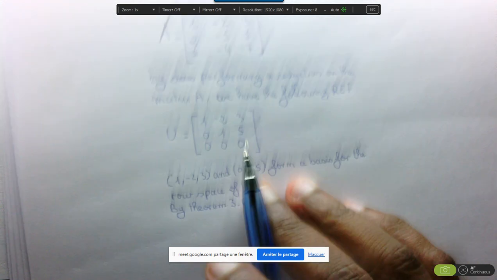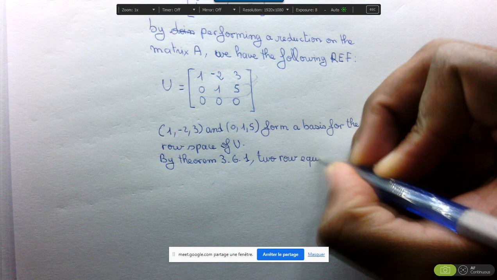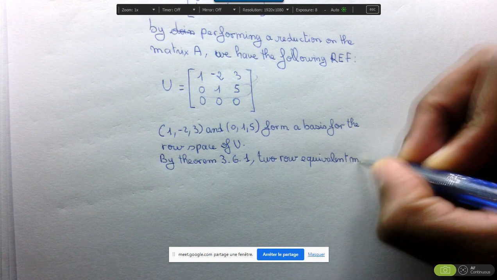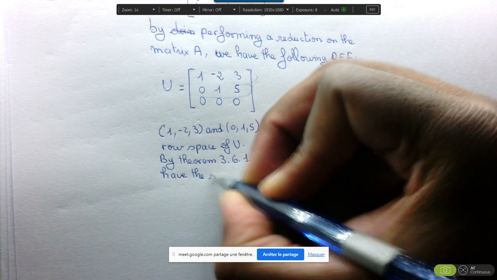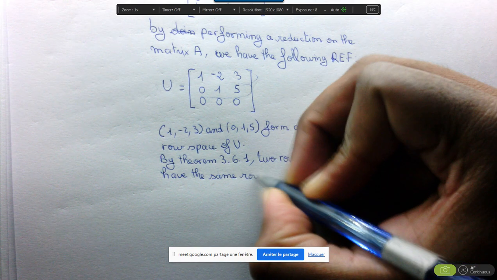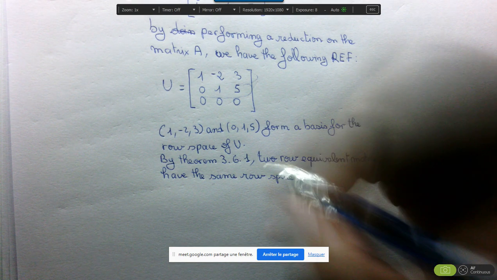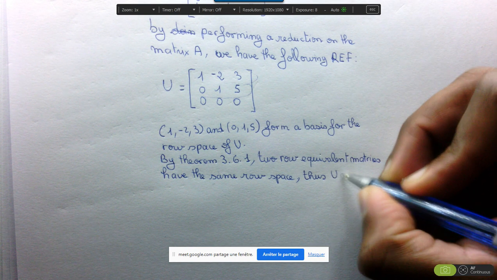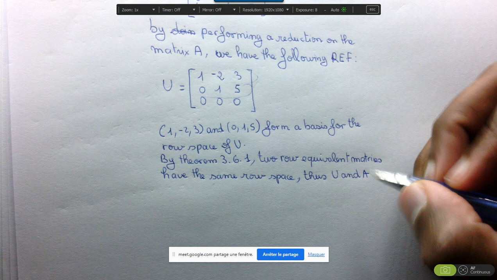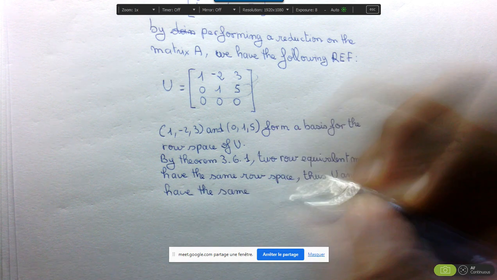So that means A is row equivalent to U. Thus U and A have the same row space.